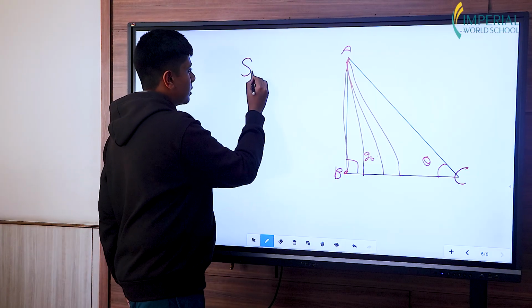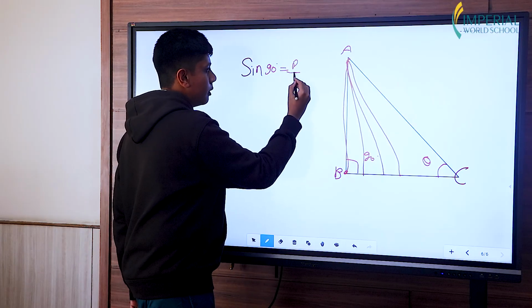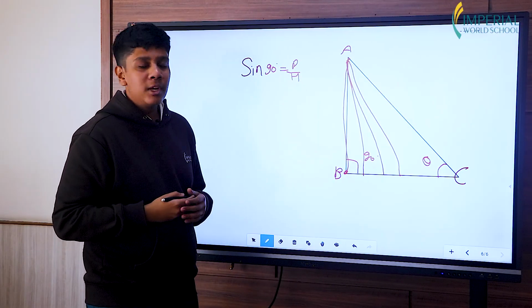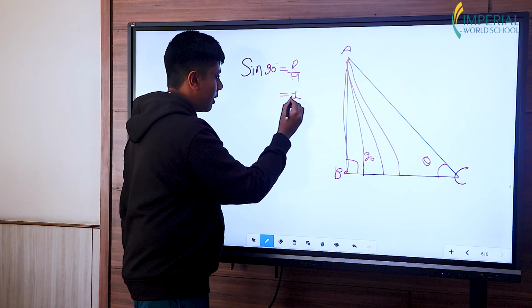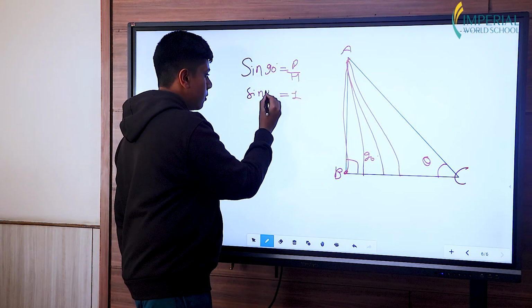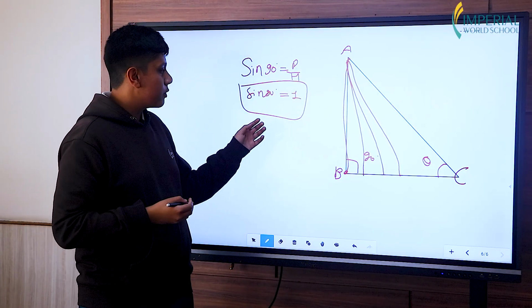As we know, sine is equal to p by h, and if both of the values are the same, then we can write it directly as 1. So sine 90 degree is 1.